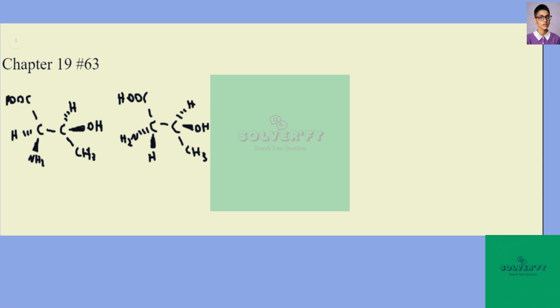Then to get the other two, we'll just flip the other side. So let's leave this like this: hydrogen on a wedge, carboxylic acid up top. Now let's put our alcohol on a wedge, this hydrogen on a dash, and we'll leave the methyl group alone.